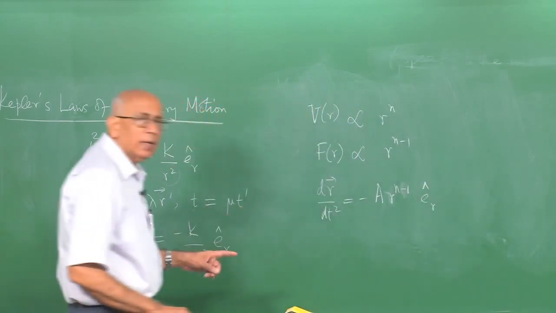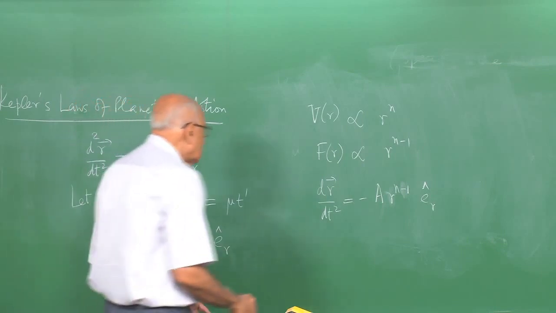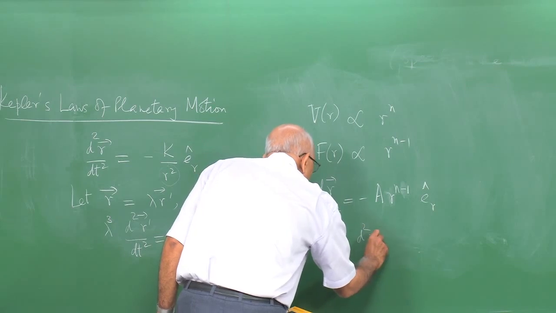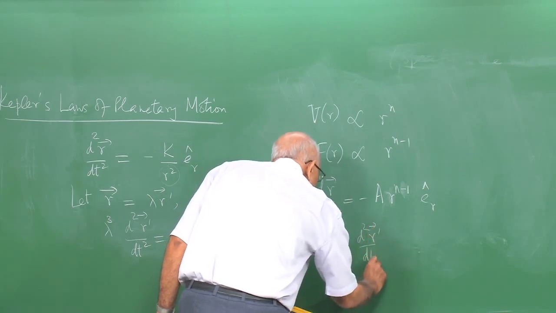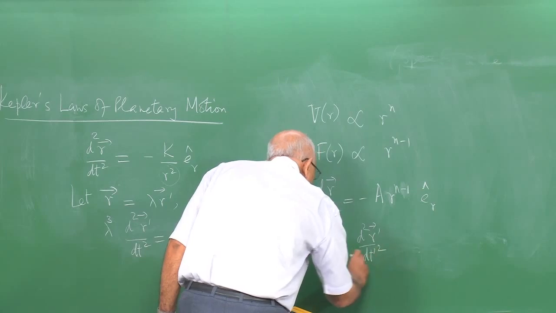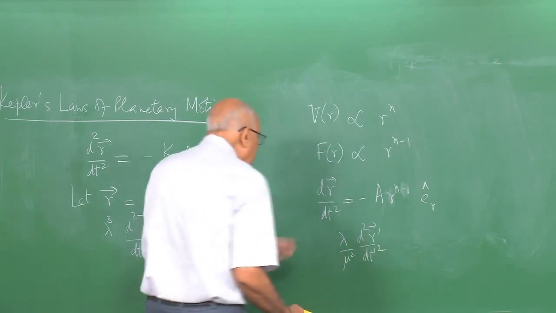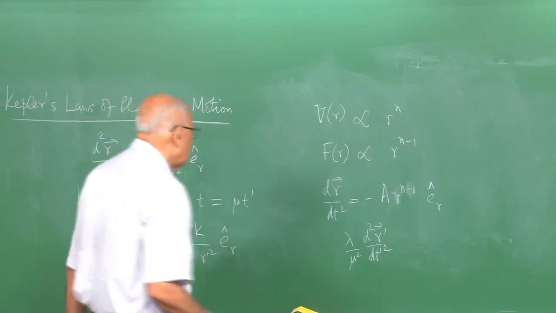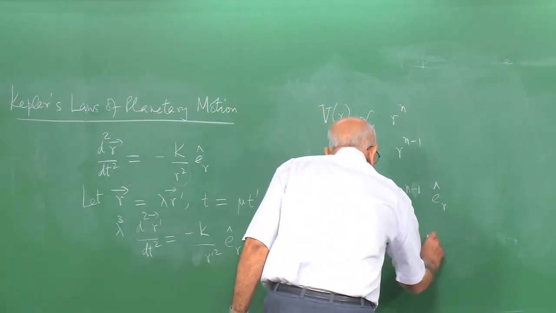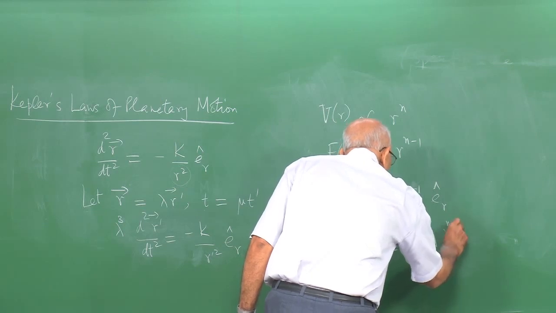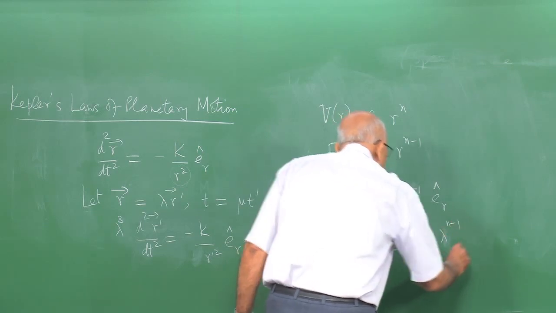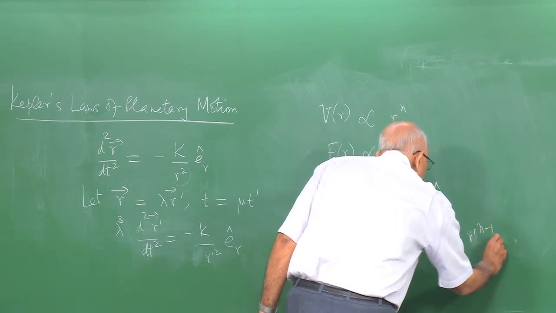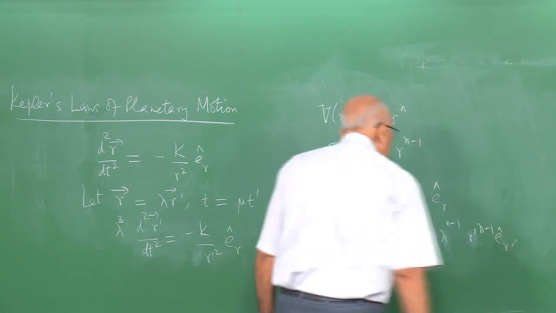And I do the same trick as before. Then it turns out that lambda times d2r prime over dt prime squared, and again you get a mu squared here because I change from t to mu times t prime, I set t equal to mu times t prime, is equal to minus a lambda to the n minus 1 times r prime to the n minus 1 e sub r.